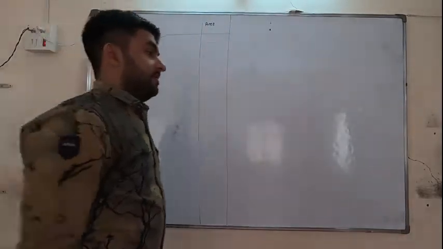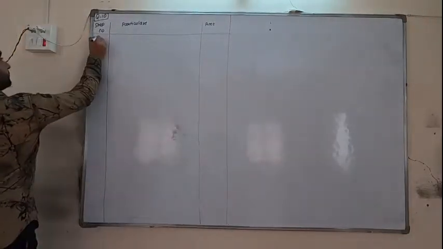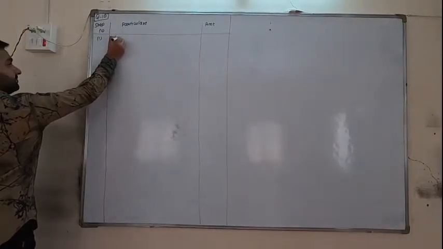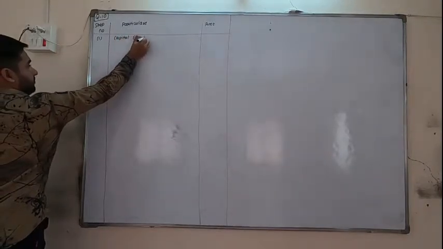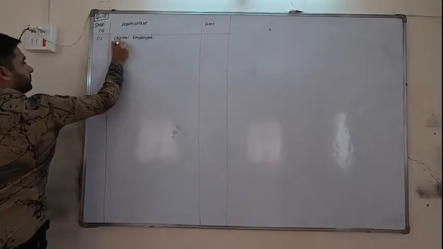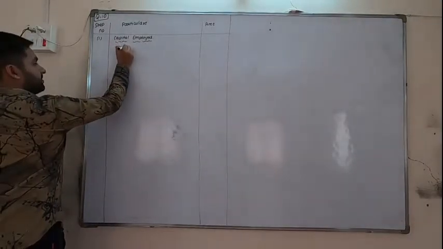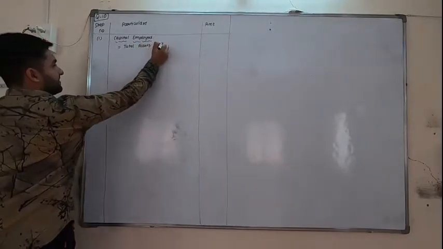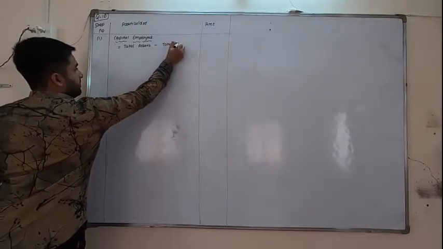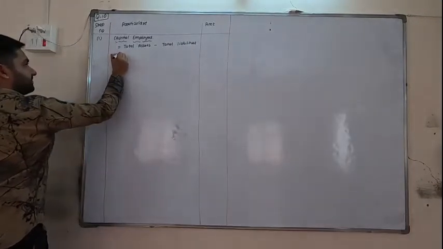Okay, let's start the sum. First step, capital employed is equal to total assets minus total liabilities.